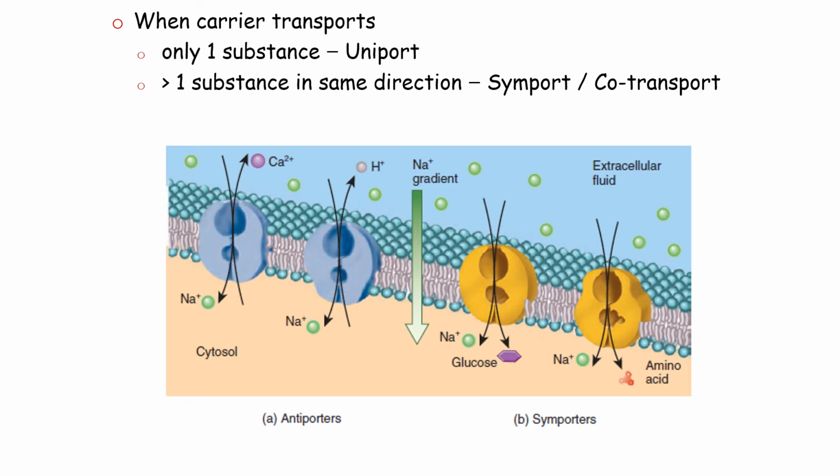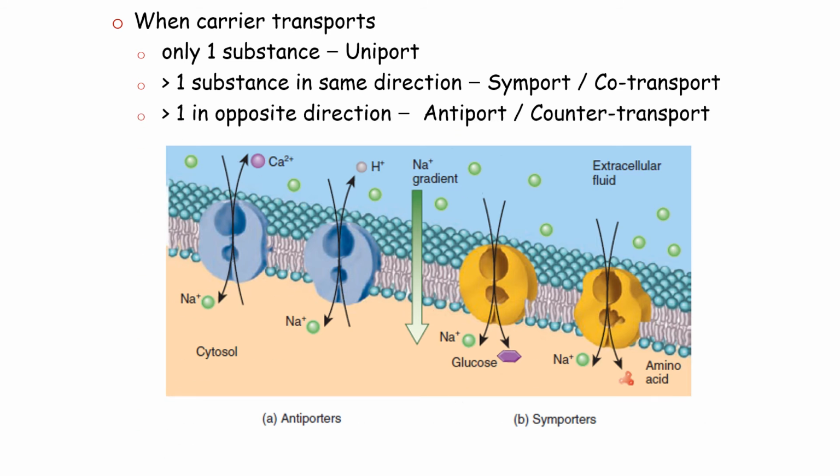They are transporting sodium and glucose in the same direction, and sodium and amino acid in the same direction, from a region of high concentration, that is extracellular fluid, into intracellular fluid. And if the substance is carried in the opposite direction by the carrier protein, it is known as antiporter or a counter transport mechanism.